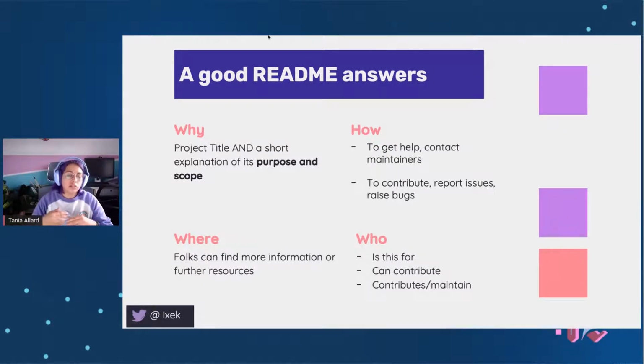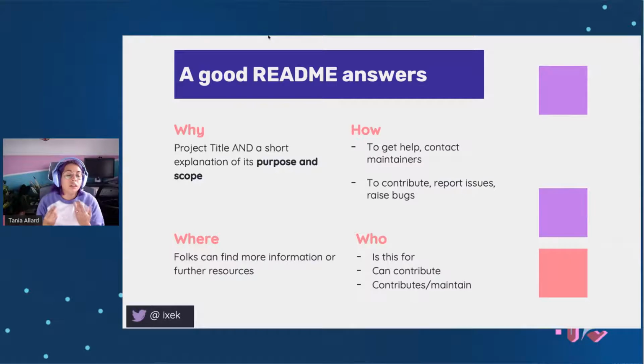And it also should lay the path for those folks that want to contribute. How are they supposed to do that? What are the mechanisms that they have to contribute? What are the different routes in which they can contribute? What kind of contributions are you taking on at the moment? So that should also be laid out.